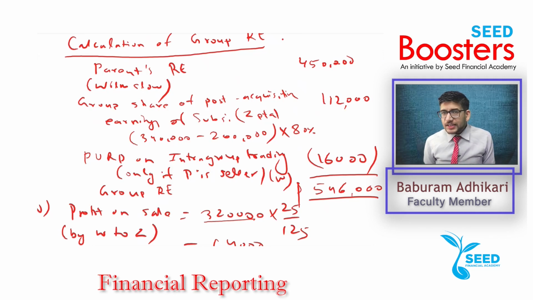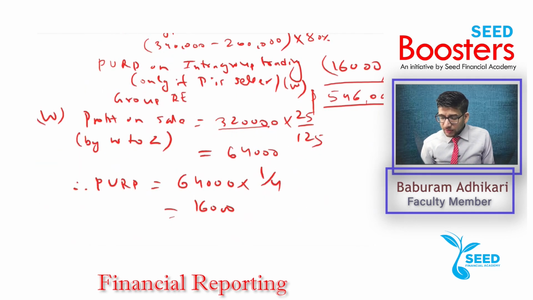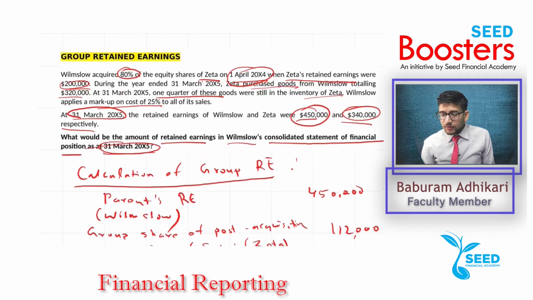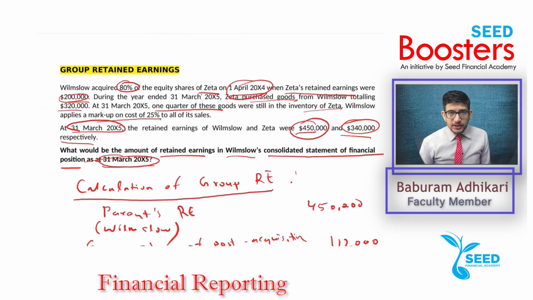If there is an associate, we need to take the share of profit of the associate here. So there are some other workings we need to learn to calculate the group retained earning completely. For this question, there are only two adjustments: the group share of post-acquisition reserves of the subsidiary on the retained earnings portion, and the PURP on the intra-group trading. So this is how we calculate the group retained earnings for the purpose of consolidation.